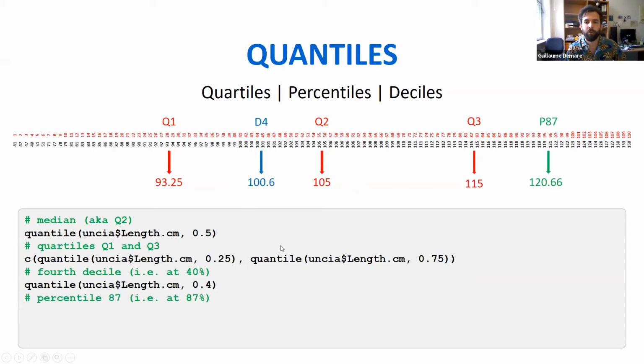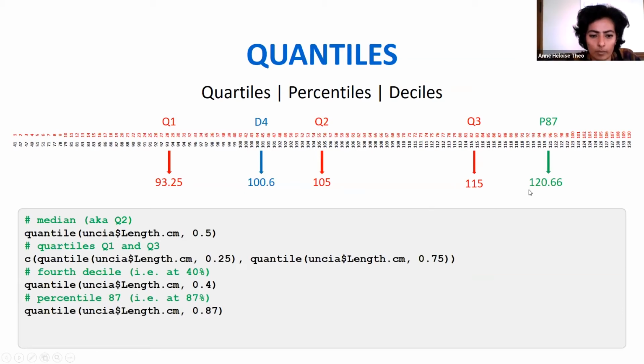You can also look even more precisely at percentiles. You can specify percentile 87, so 87% of the data set would fall at that value, 120.66. These are just a few examples.